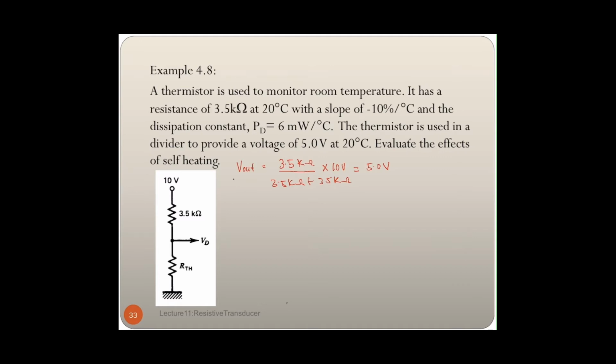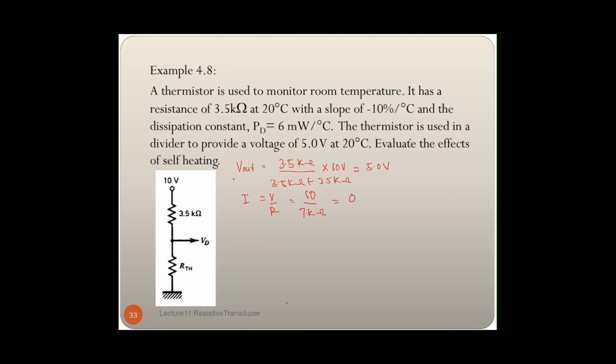But that calculation doesn't consider the self-heating effect that occurs in the RTD. So first, let's calculate the power losses and then calculate the self-heating temperature. In order to calculate power losses, we need to calculate the current. So the current is equal to V over R, which is 10 volt divided by the total resistance, which is 7 kilo ohm.